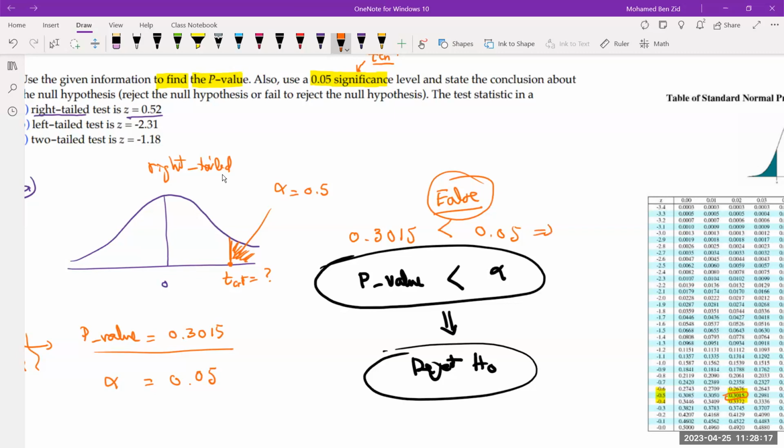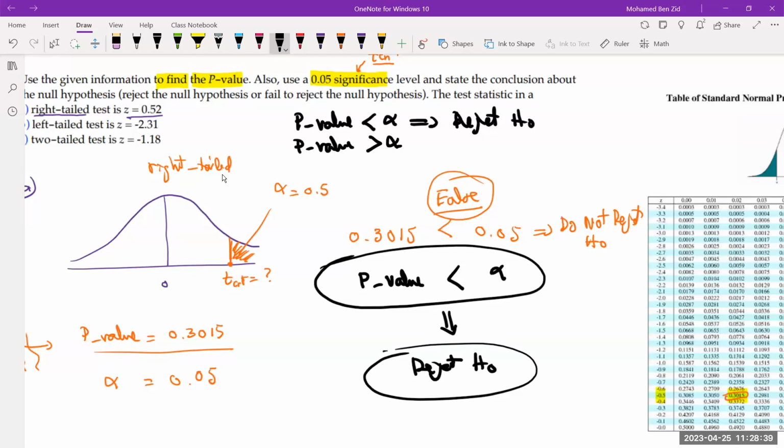So this is do not reject H0. If you want to remember the formula, probably you can do it like this: p-value less than alpha, reject H0. If the p-value is greater than alpha, do not reject H0. So this is the complete formula, right?